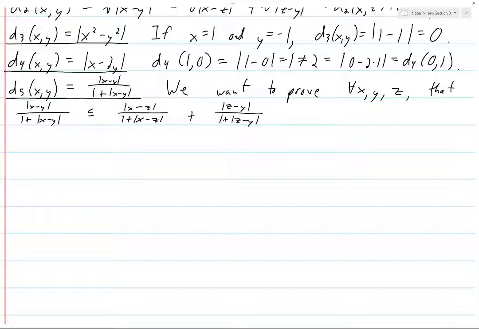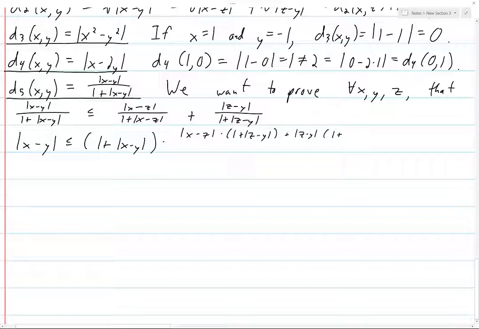Okay, so let's take the denominator on the left-hand side and multiply it through. So we're going to get 1 plus norm of x minus y times, and now let's combine these two terms and give them similar denominators. So we get norm of x minus z times 1 plus norm of z minus y plus norm of z minus y times 1 plus norm of x minus z.